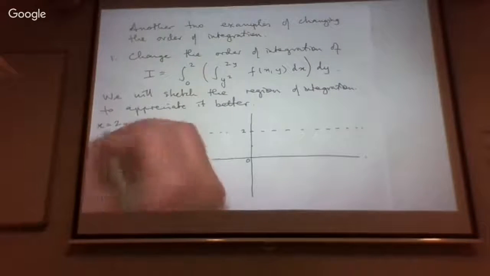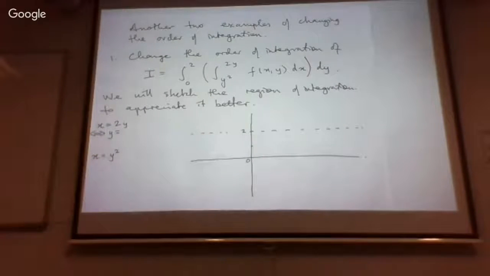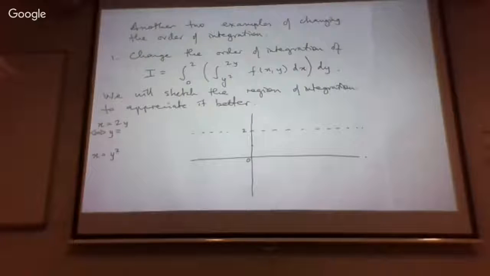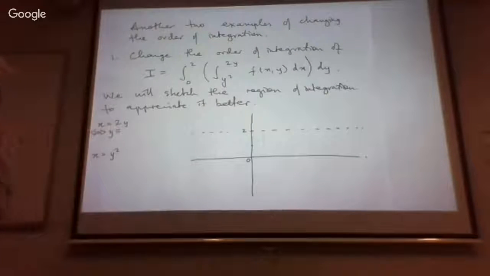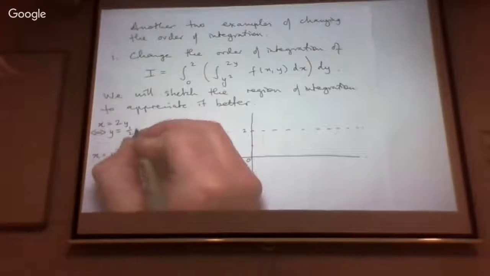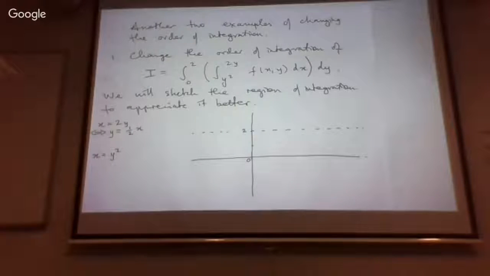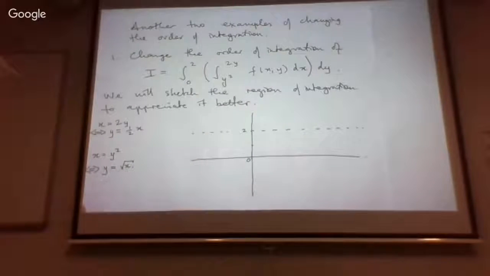We're used to curves described as y equals a function of x, so I'll invert both of them to see them in the traditional way and put them onto my diagram. So x equals 2y is y equals a half x. That's a straight line, y equals mx plus c, with slope a half and intercept 0. And x equals y squared is equivalent to y equals the square root of x.